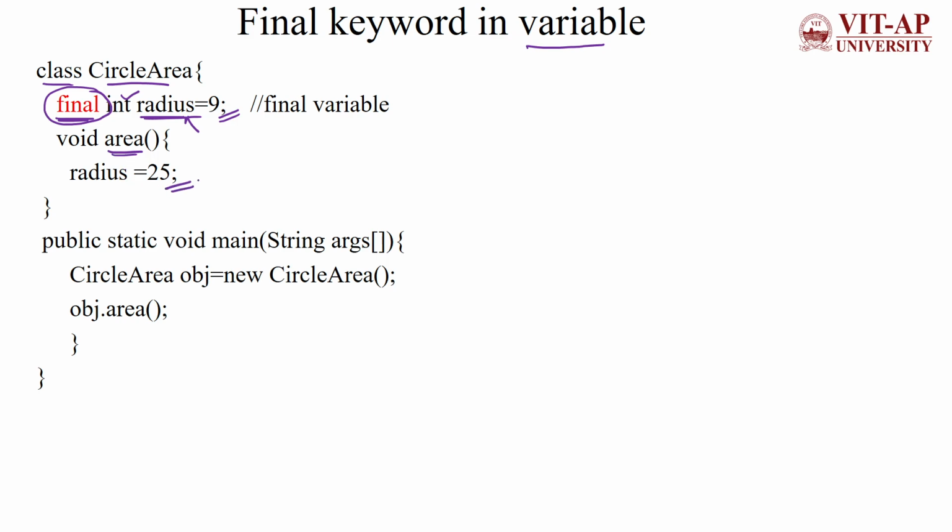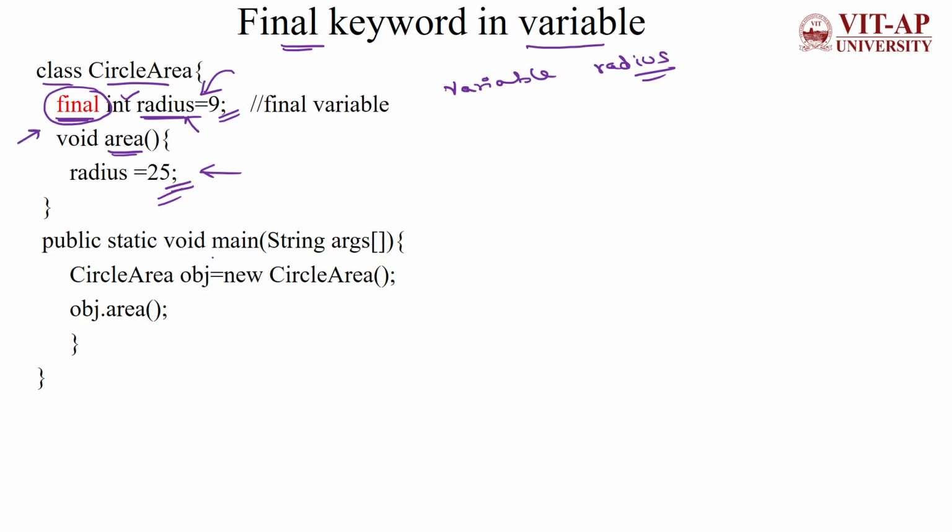Here I am trying to change the value of the variable radius. It is not at all possible, because as per the concept of the final keyword, we cannot change the value of the variable. Throughout the program the value of radius is always constant, because it is declared as final.